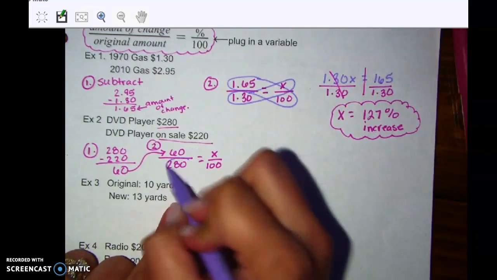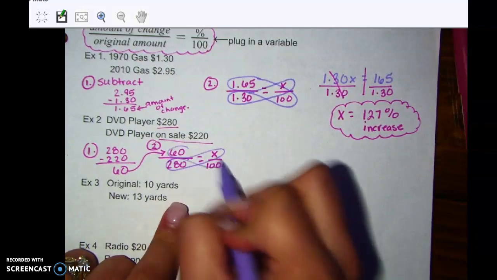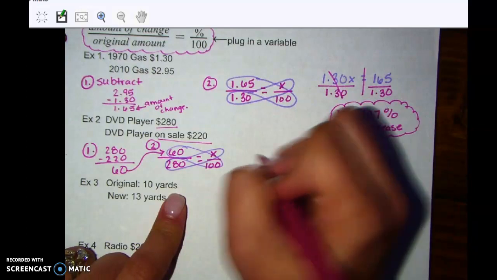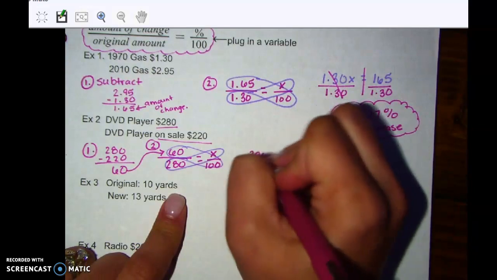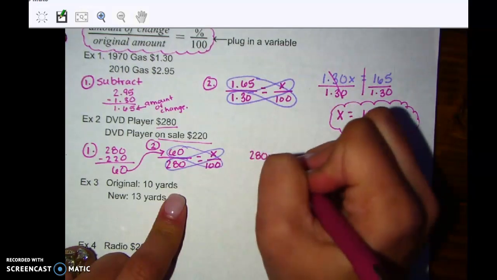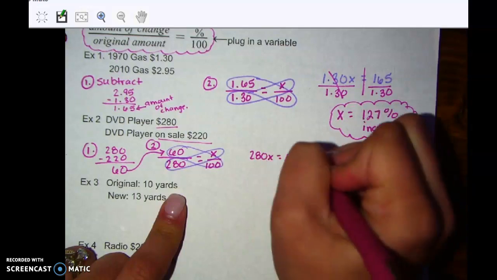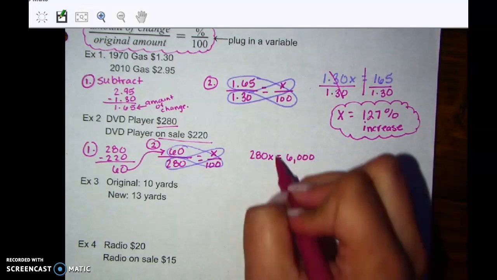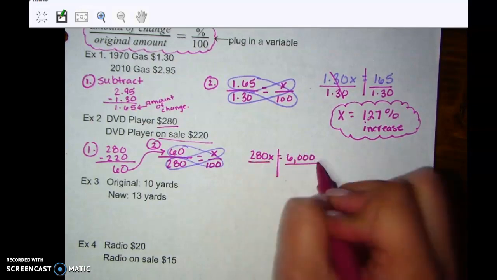Then, like always, cross multiply. And we're left with 280x equals 6,000. There's your one step. Solve your one step, draw your line, cross it out.